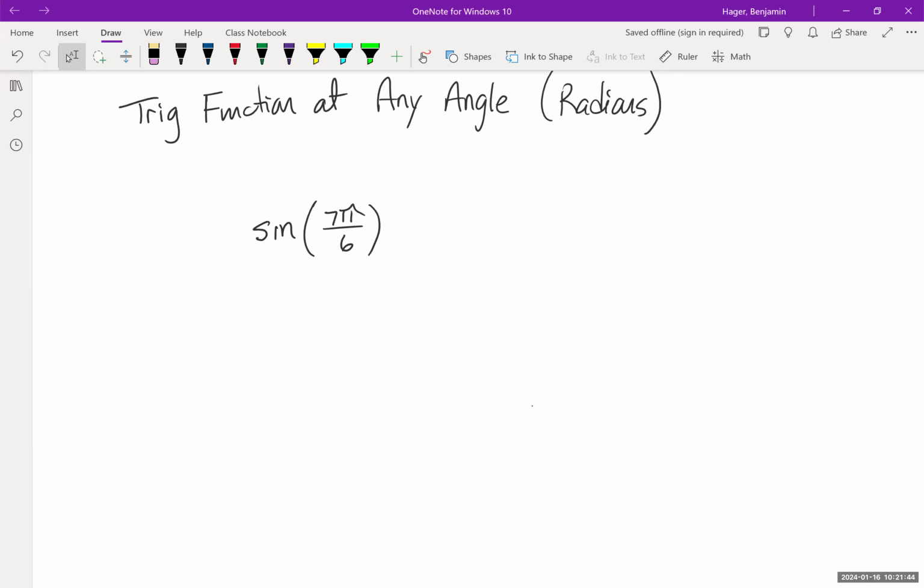When your angle is in degrees, you often have to draw out the picture, and it becomes a little more involved. With radians, the reference angle is given as long as it's in a format like this.